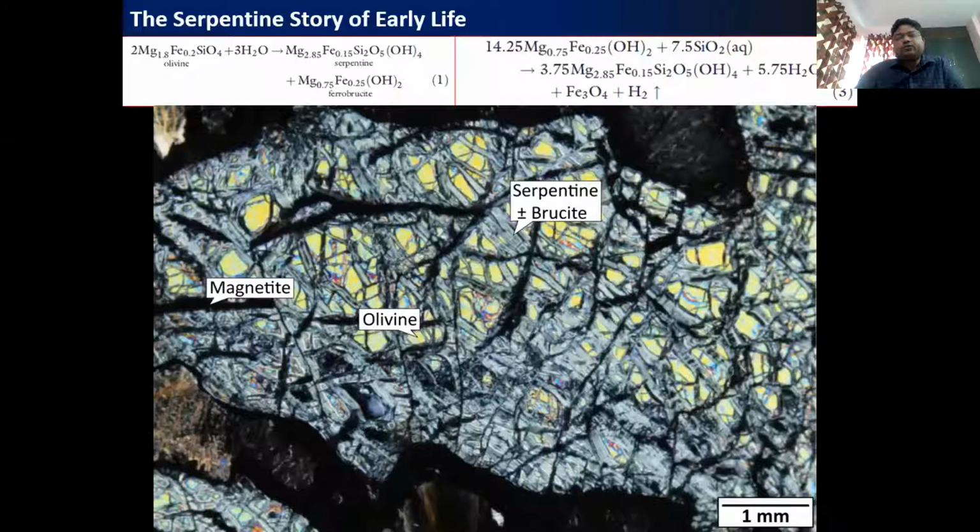These 2 free electrons oxidize your Fe2 plus and produce Fe3 plus, and that's how we get the formation of magnetite. In your curriculum, if you have seen the mesh texture of olivine, you will find these opaque minerals in olivine and serpentine, and these are magnetites. So this magnetite signifies that during the reaction, H2 was produced.